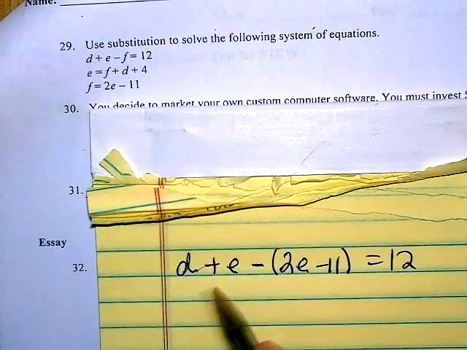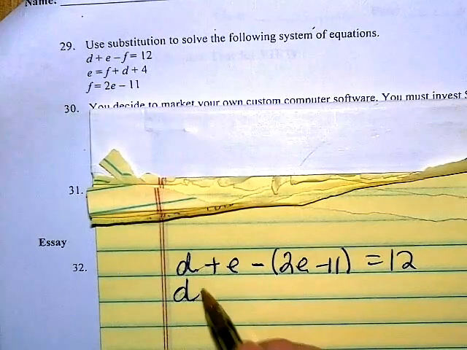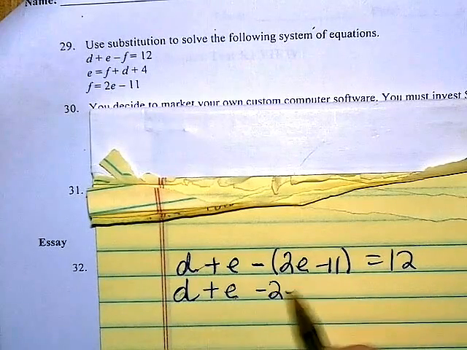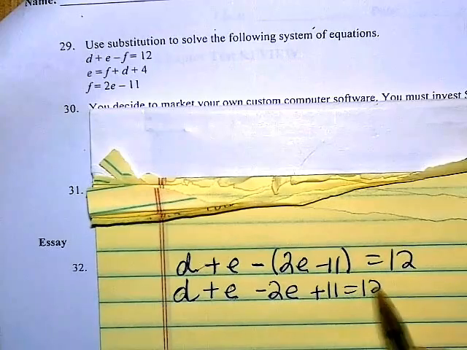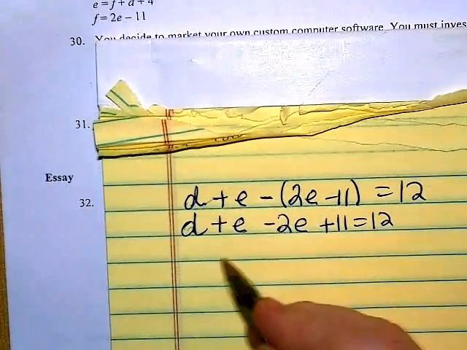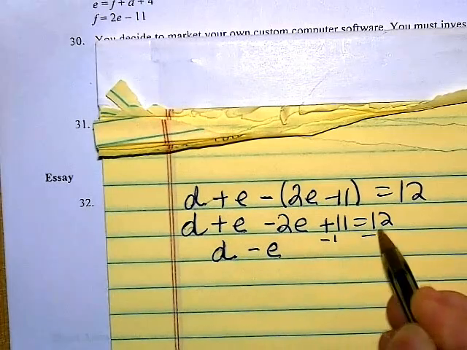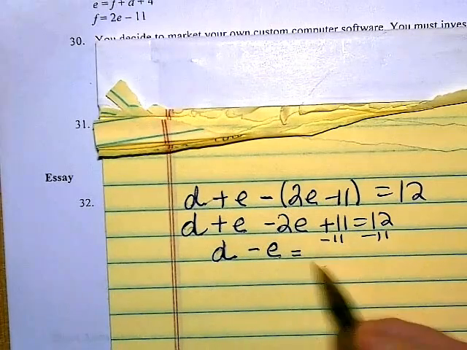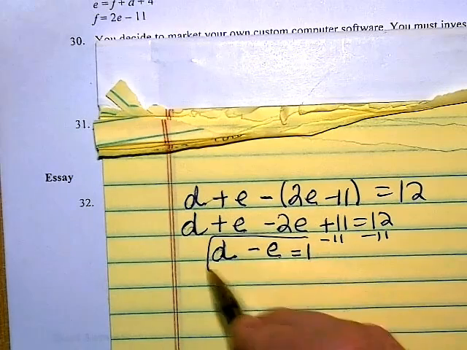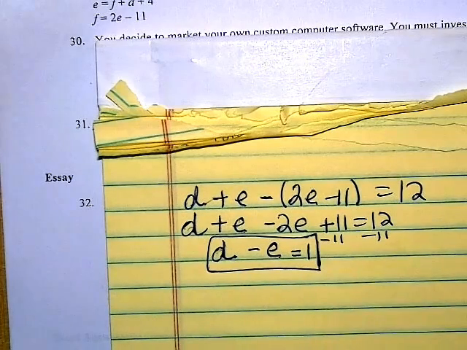Okay. So let's work on this. D plus E minus 2E plus 11 equals 12. What's it going to be? D minus E equals 1. Okay? I need another equation that only has D and E in it to go with this.